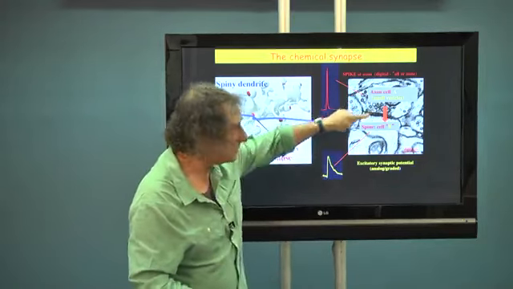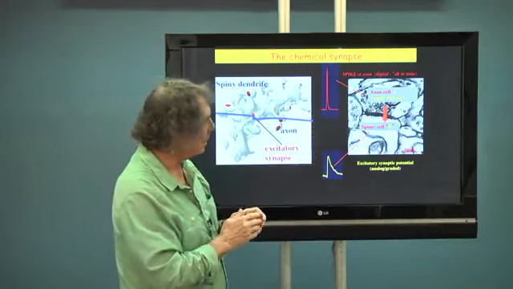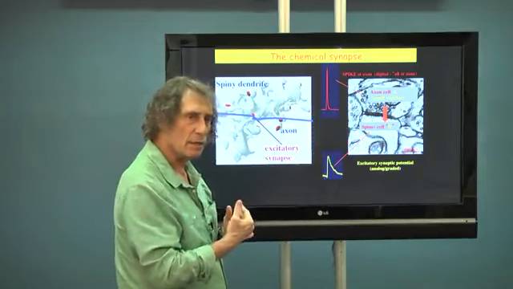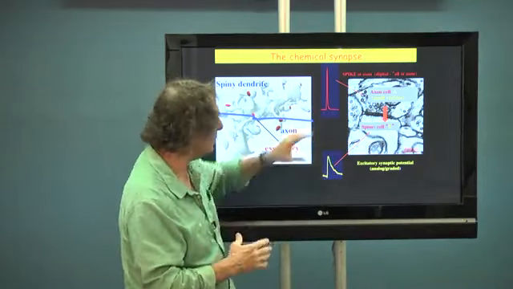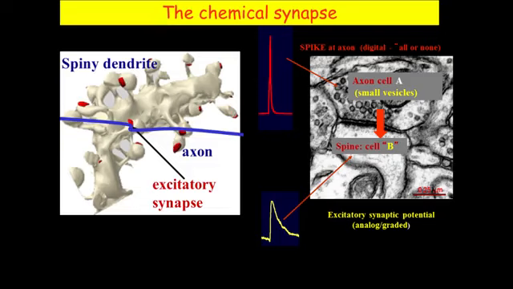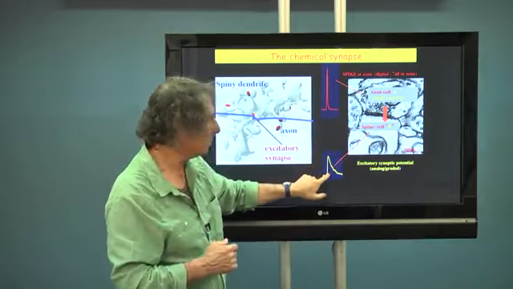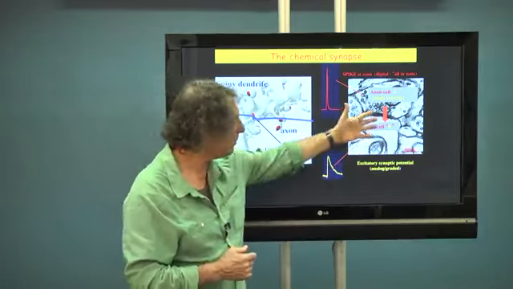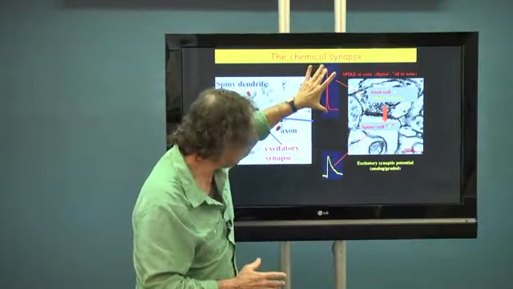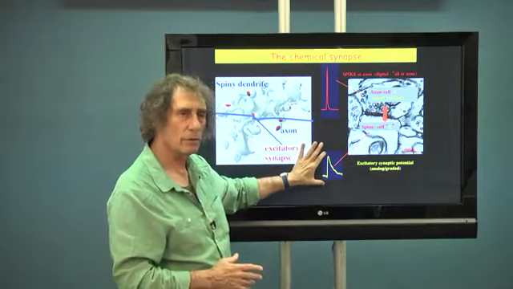So you can see that the synapse is a unique transmission line or communication device. It communicates a digital signal on one side to an analog signal on the other side. We can think about the synapse as a digital to analog converter.